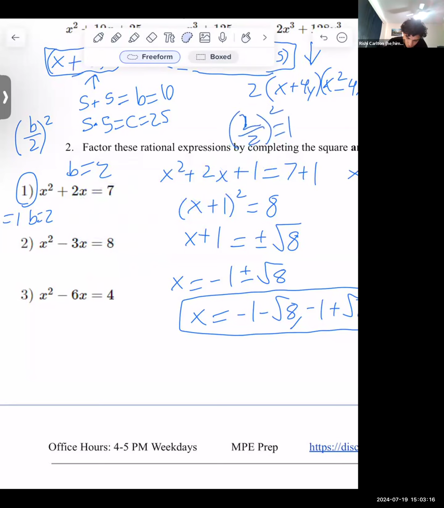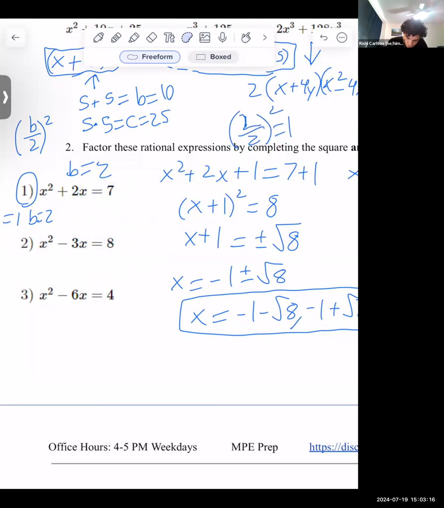Anytime you're using the quadratic formula, you're going to want to rewrite your equation with a 0 on the right-hand side. So I rewrote that as x squared plus 2x minus 7 equals 0. Then it becomes really clear what our a, b, and c values are. Once we have that, we can plug them into our quadratic formula.